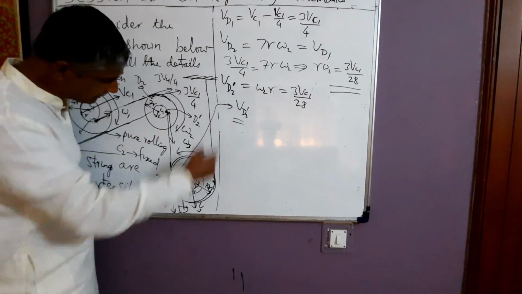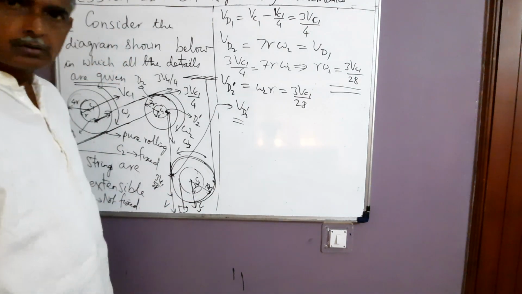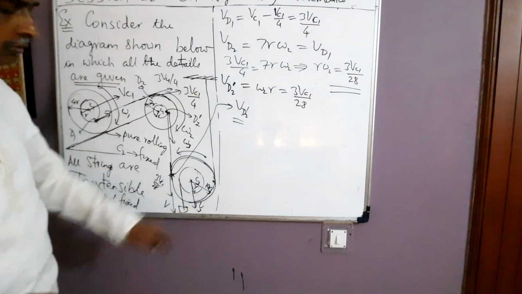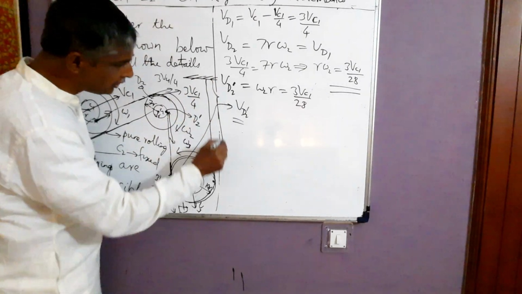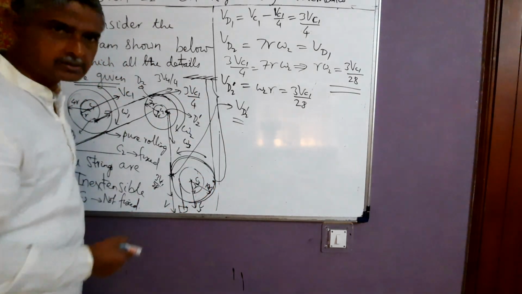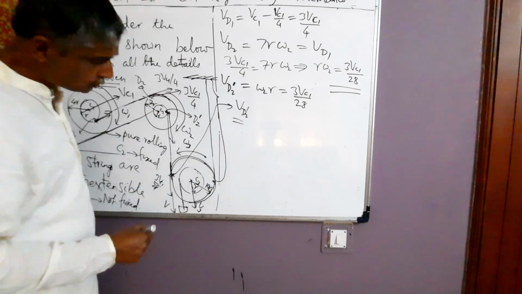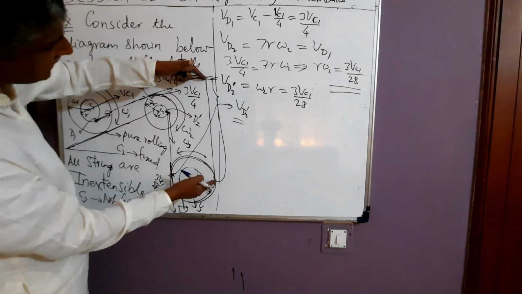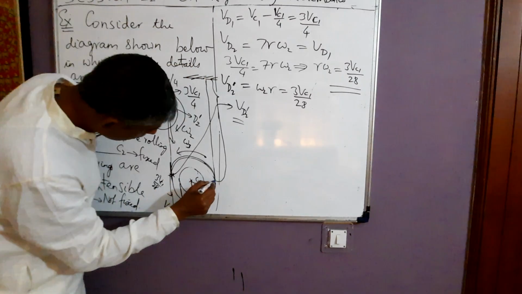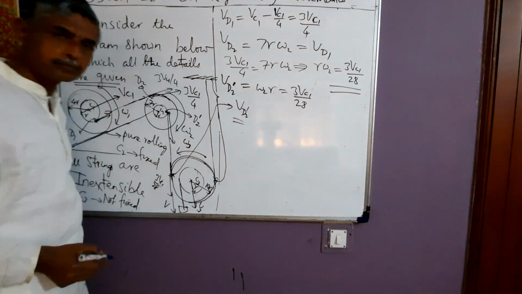Length of this vertical segment of the string goes on increasing. So at any instant of time, all the points on the vertical segment of the string are at rest. At this instant of time, all points in this much vertical segment of string are at rest. So this point of string is also at rest.